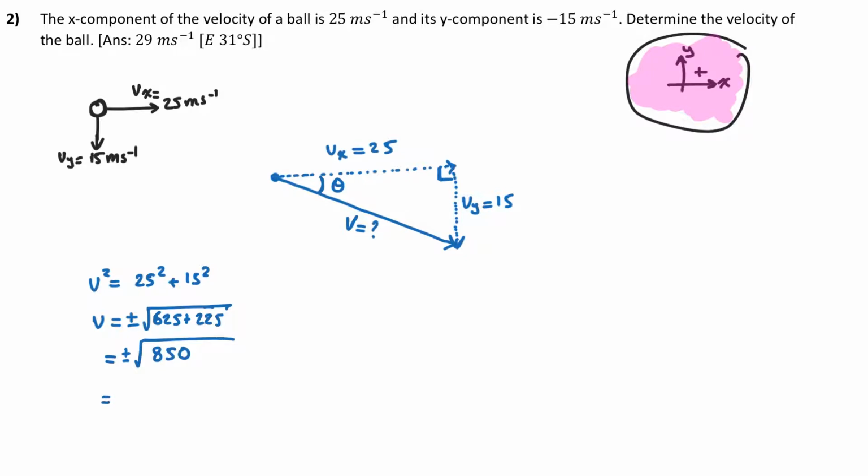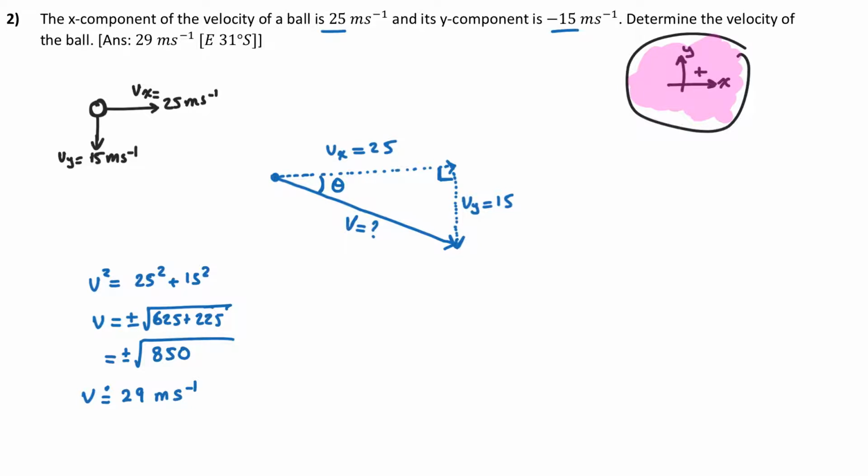If I do this on my calculator, I need to leave my final answer to 2 significant figures, so this would be approximately 29 meters per second. And that's just the magnitude. You can see that I'm showing it as a speed and it doesn't have a direction yet. I'll put the direction once I find the angle here.